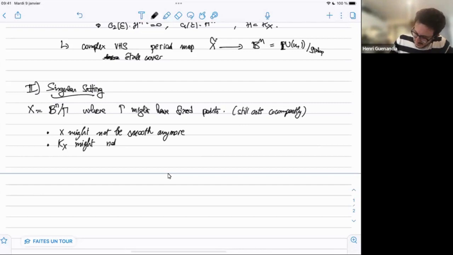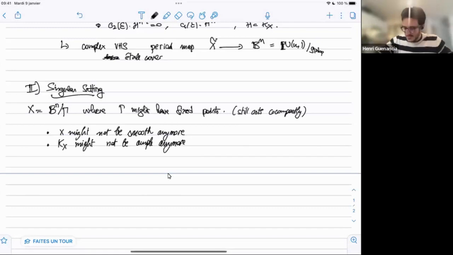Okay, but you may still want a criterion that tells you: I have a singular space, when is it globally given as the quotient of the ball by some discrete automorphism group?